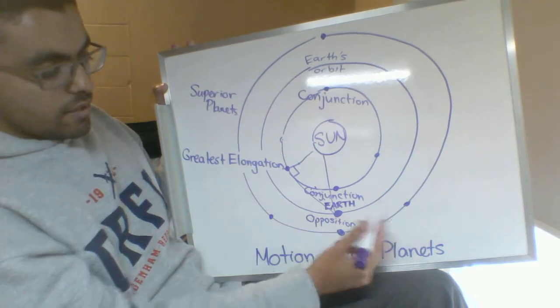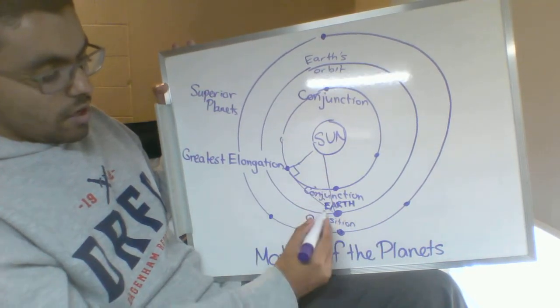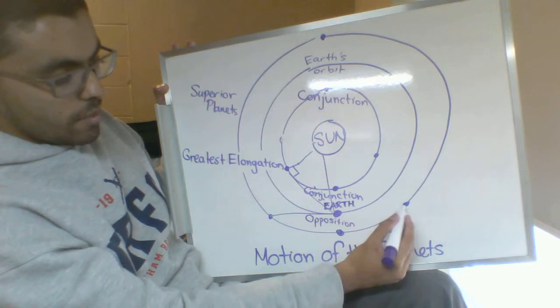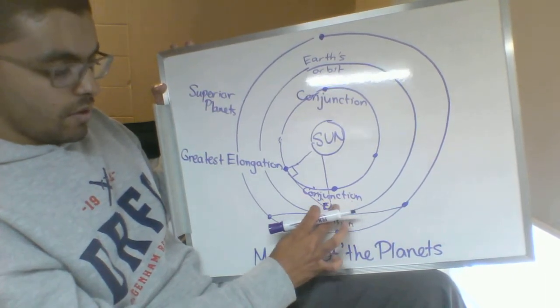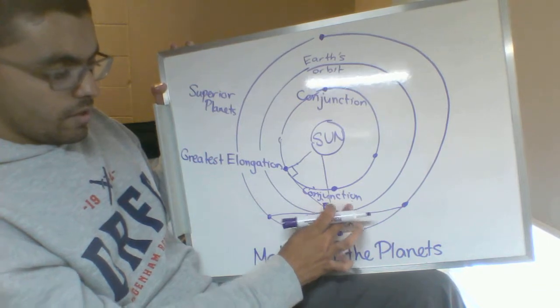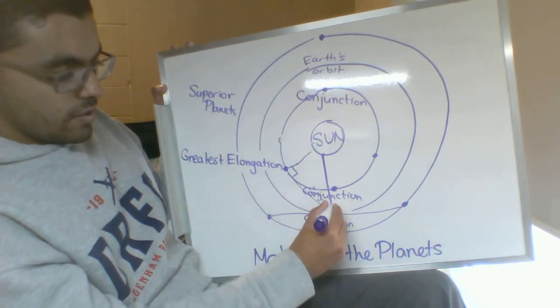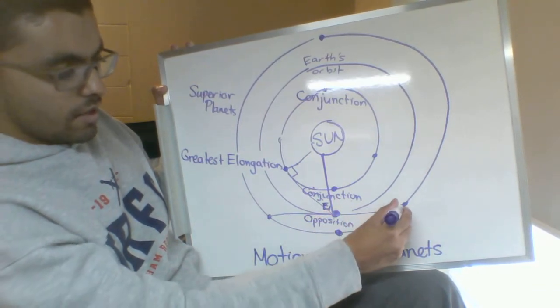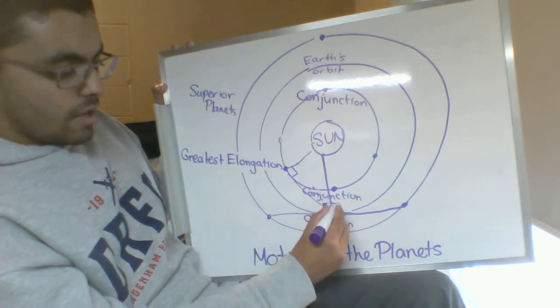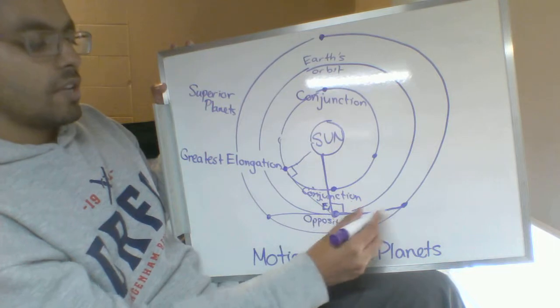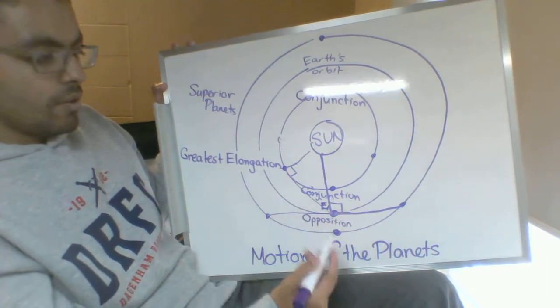Both of these two special spots are where the Earth is in the middle of this 90-degree angle. I'm going to have to erase the word Earth and a little bit of the orbit. But basically you've got the sun, this line that connects the sun and the Earth, and this line that connects Earth and that planet, let's say Saturn, and that angle in between is 90 degrees, and it's the same on both sides.